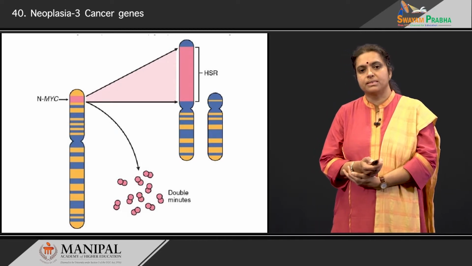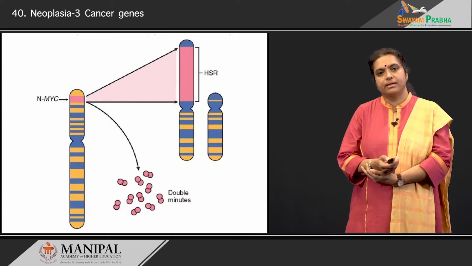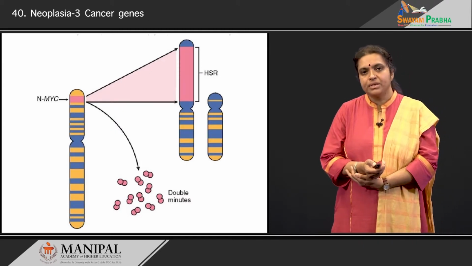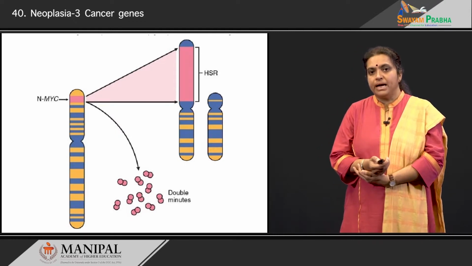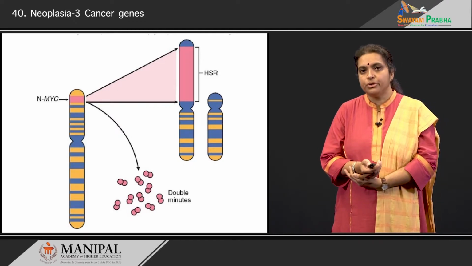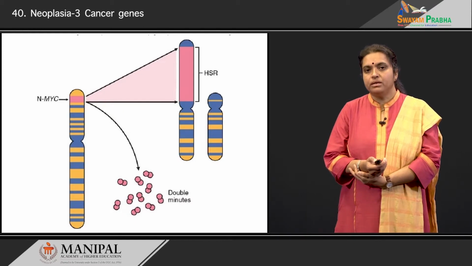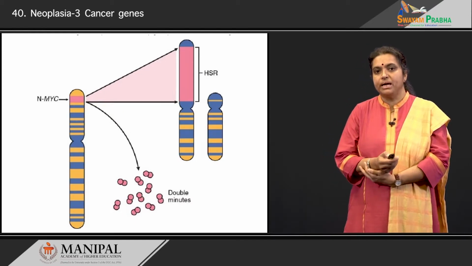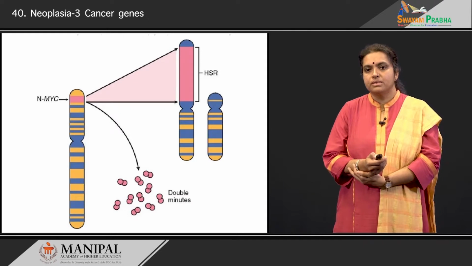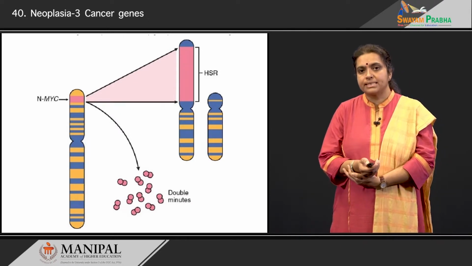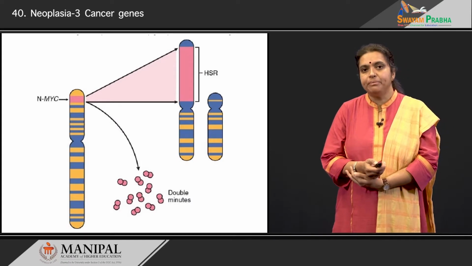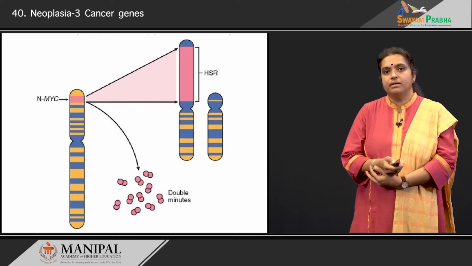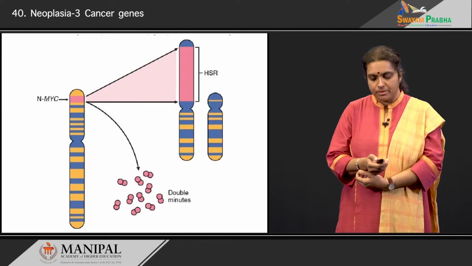One is what are known as double minutes, and the second, homogeneous staining region. It is called that because that entire band of chromosomes will not show banding. As we know, in normal karyotyping you get bands within the chromosomes. So, this is expanded to such an extent that this region lacks the normal banding pattern that we see in chromosome banding.